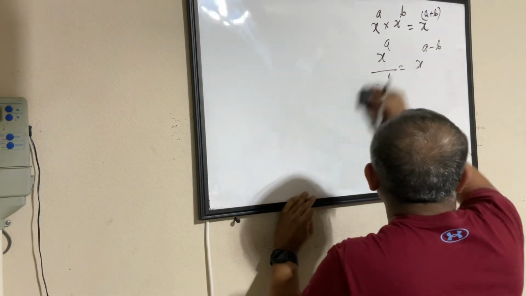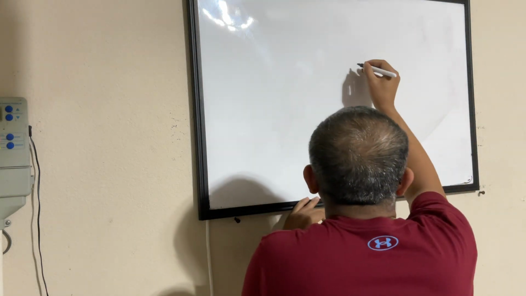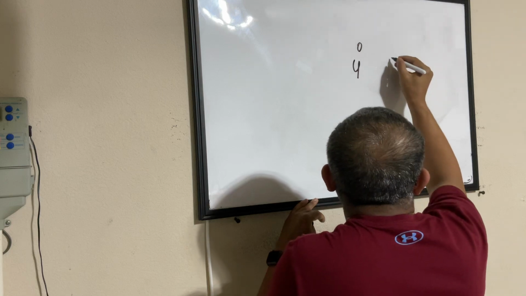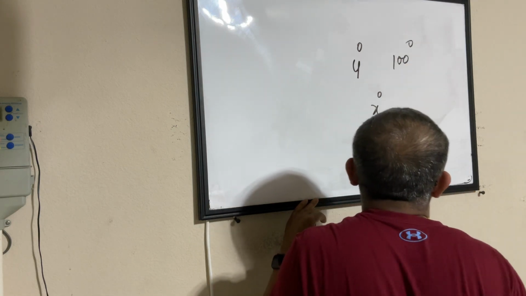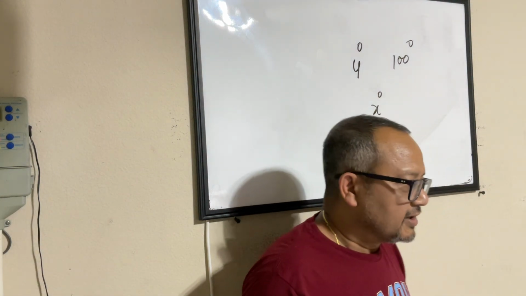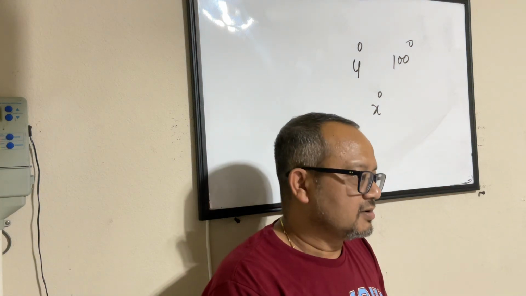But before we do that, I have an interesting problem for you guys. 4 to the power 0, 100 to the power 0, x to the power 0, they all have the value 1. Okay? All have the value 1. Why?